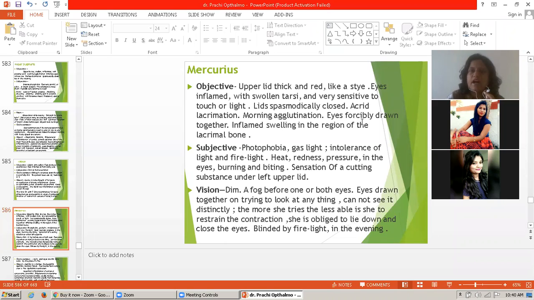The eyes are forcibly drawn together, with inflamed swelling in the region of the lacrimal bone.